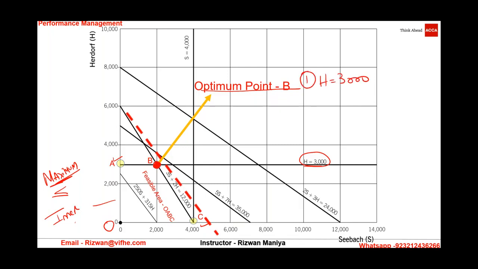The second line intersecting other than this one is the machine hours line, and this is equation 2, which is 3S plus 2H equals 12,000. So there are two lines that are intersecting here.